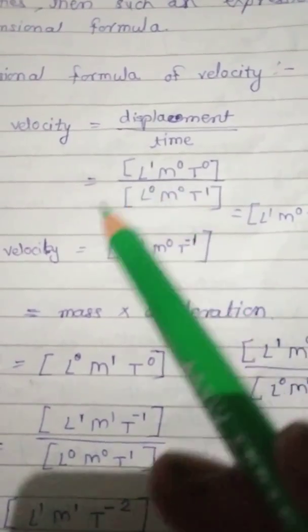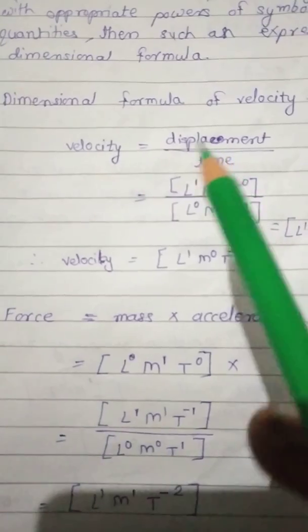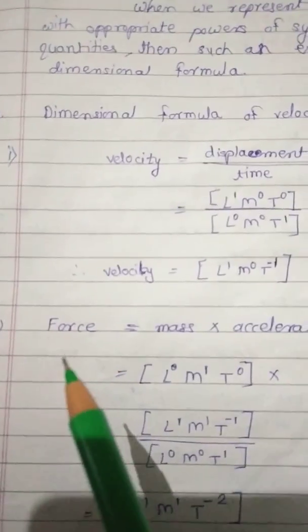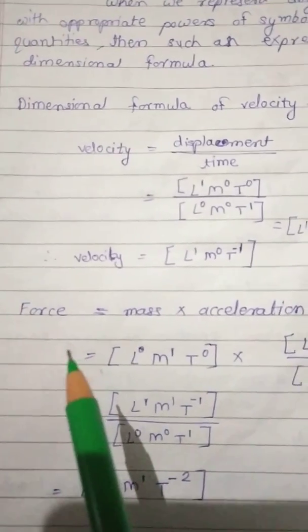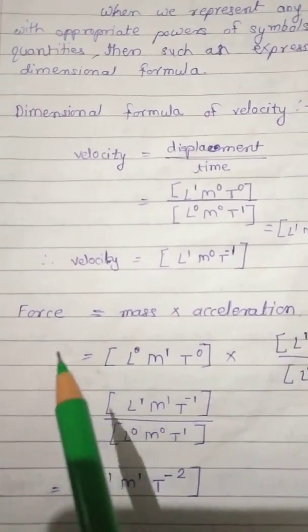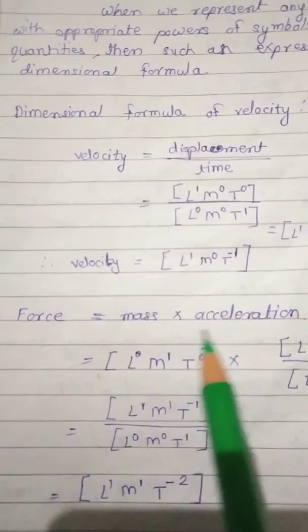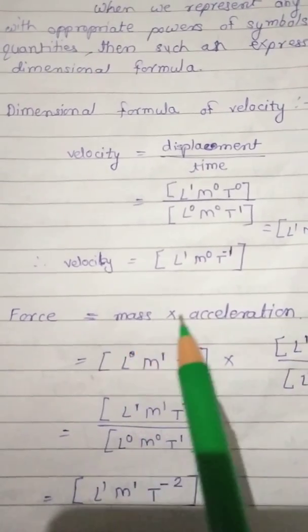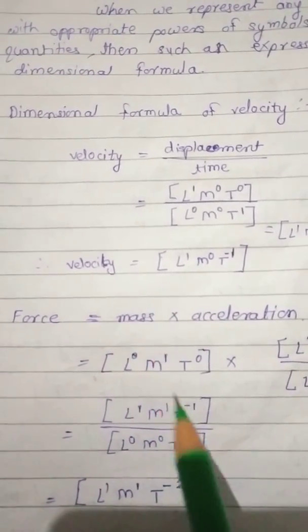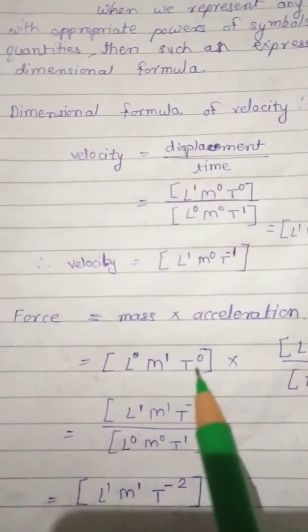Okay, the second example for finding the dimensional formula is force. Again we find the dimension for force. The formula for force is mass into acceleration. We know that the dimension of mass is M1, because L and T with power 0 are not necessary.